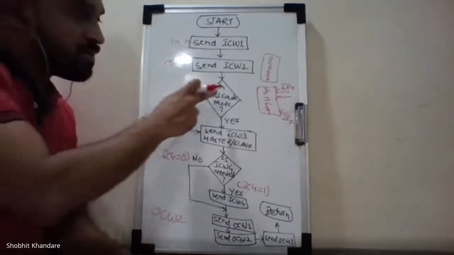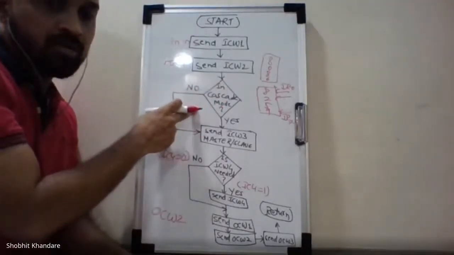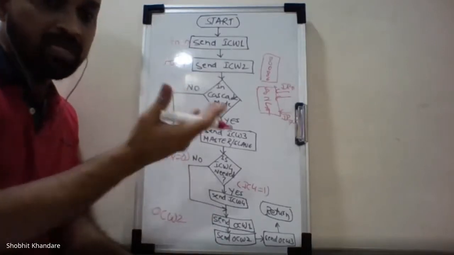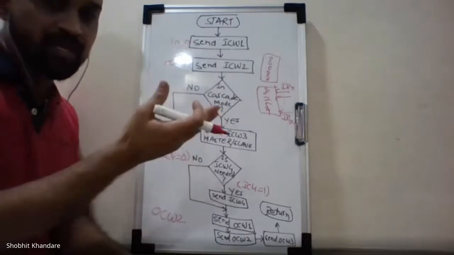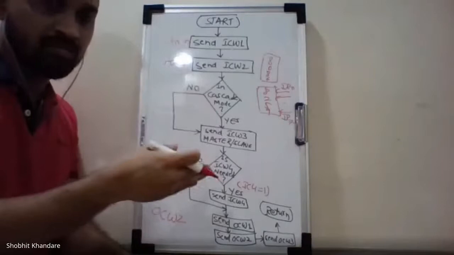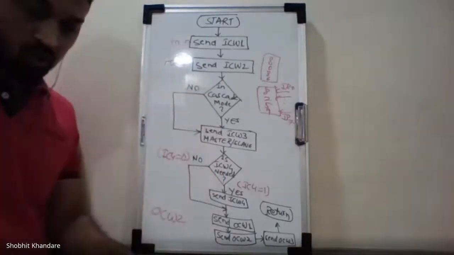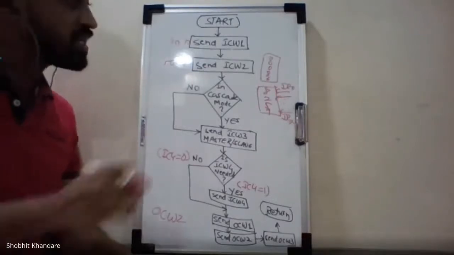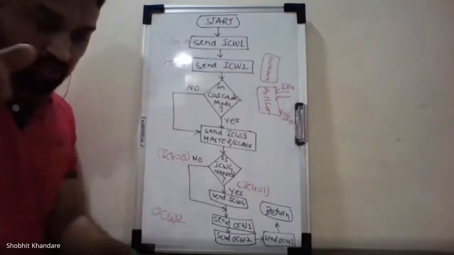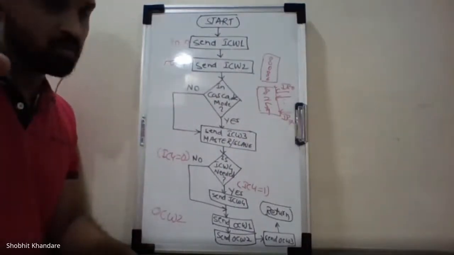After that, whether it is in cascade mode or not, whether my 8259 is single or many. If many 8259, that means cascade: one master, other slaves. So this condition is yes or no. Where will you see this yes or no? In ICW1, that is bit number 1, B1. What is that bit?